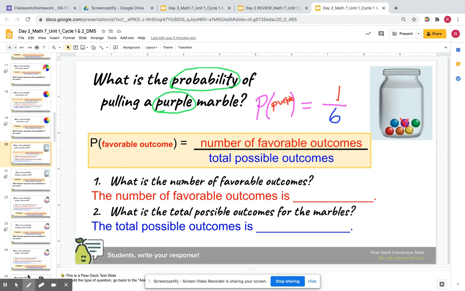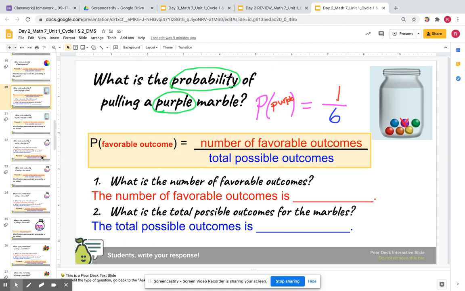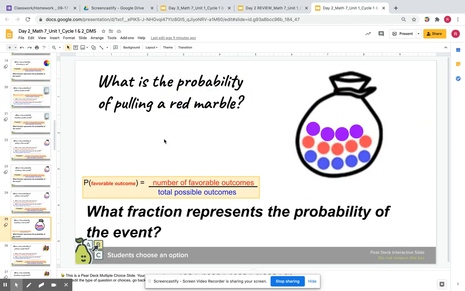All right, I'm gonna go ahead and do a more challenging question, and then we'll just end it there. And then you can watch the next clip. All right, what is the probability of pulling a red marble? Go ahead and read it once more, and then tell me what is the question asking you to find. Okay, hope you were able to read it, and you're quickly able to tell me that you're finding the probability of a red marble.